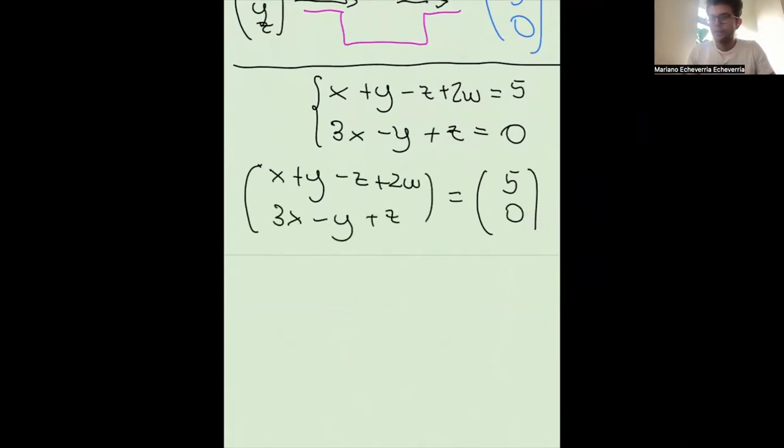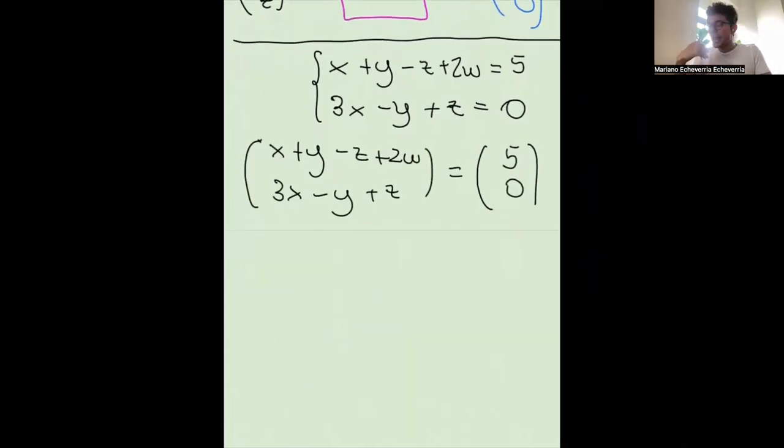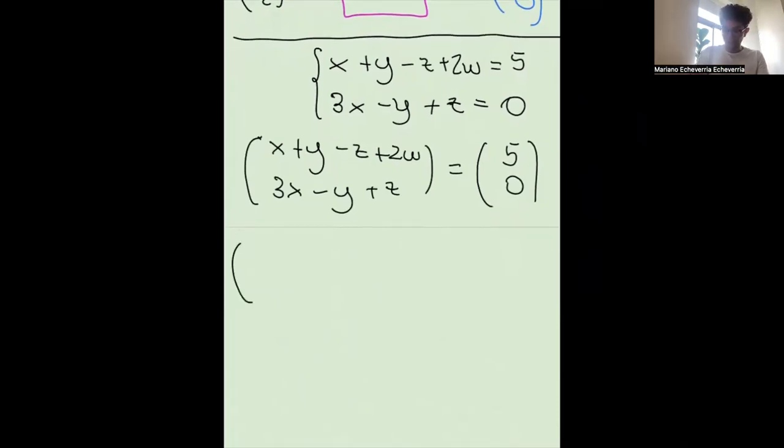So again, the first part of rewriting this is relatively straightforward, just entry by entry, the equations become the entries of the vectors. And now you do the same. It doesn't matter that there are fewer equations than variables. You can still extract a matrix out of this.